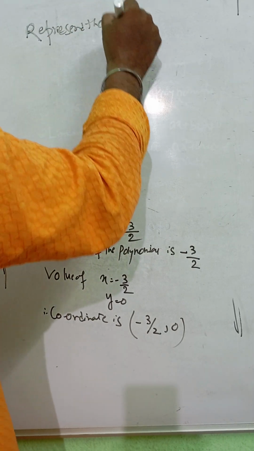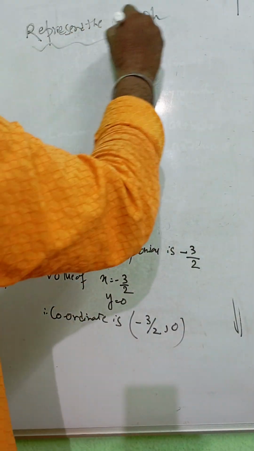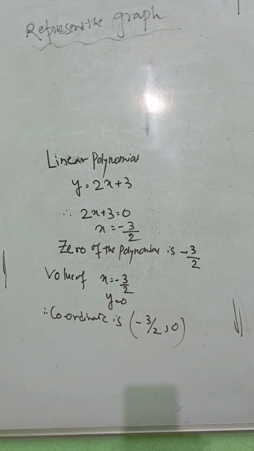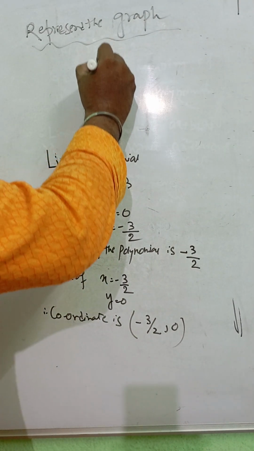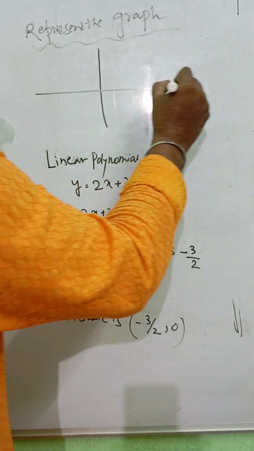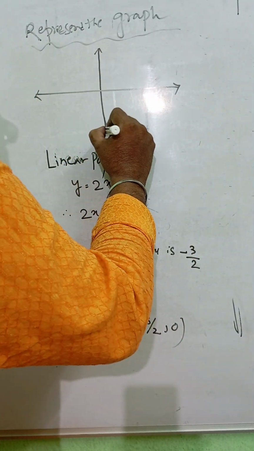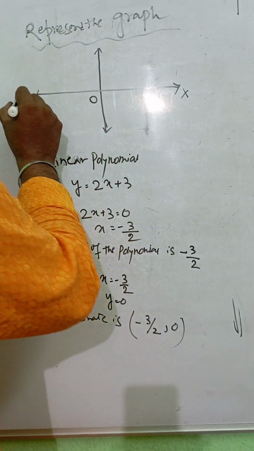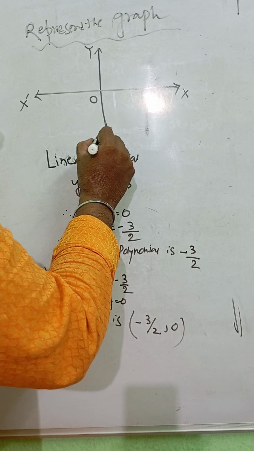Now, how do we represent the graph? We have to draw this: x dash, O, x, and y dash, O, y.